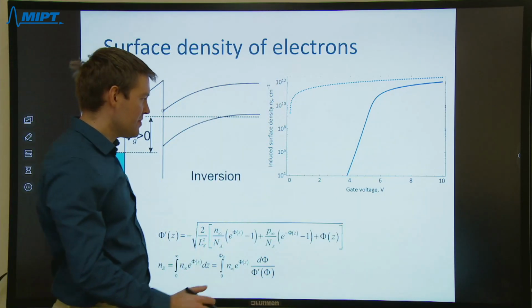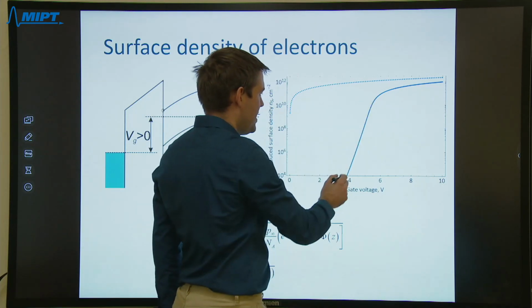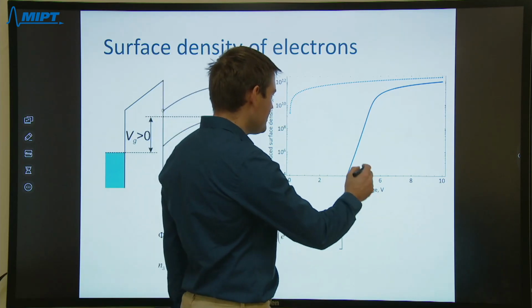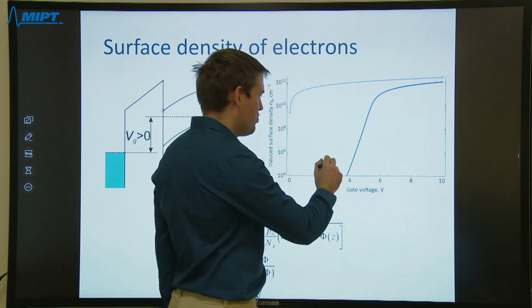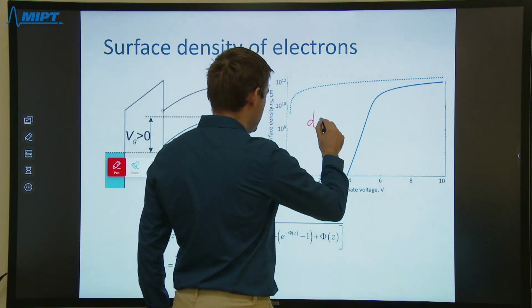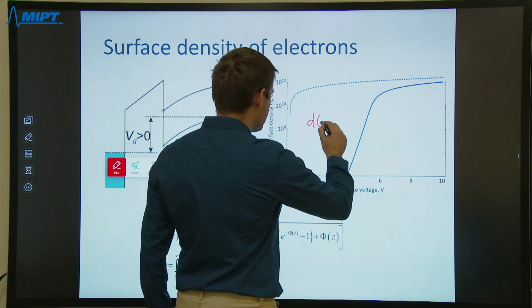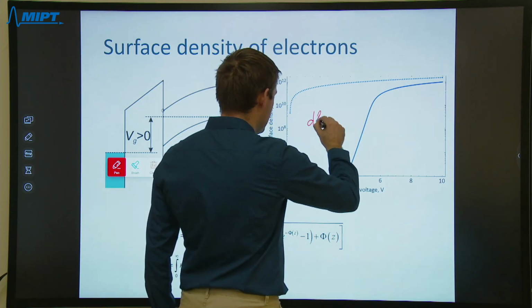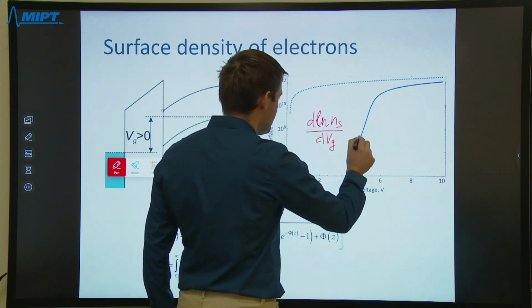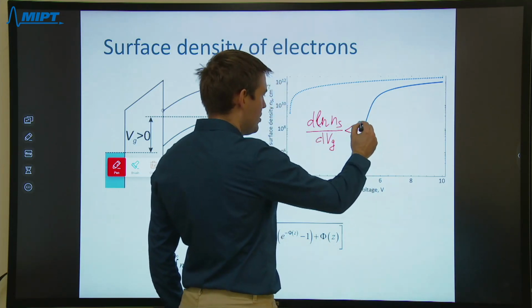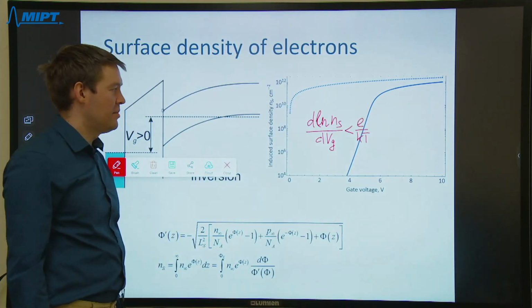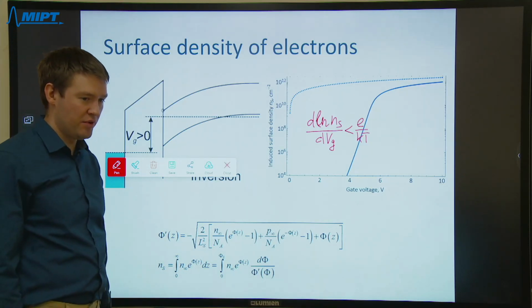You can also try to estimate the slope of this line, and you will get an important fact: the slope of this line, delta logarithm of surface density with respect to the gate voltage, is always smaller than e divided by kT, where e is the elementary charge and T is the temperature.